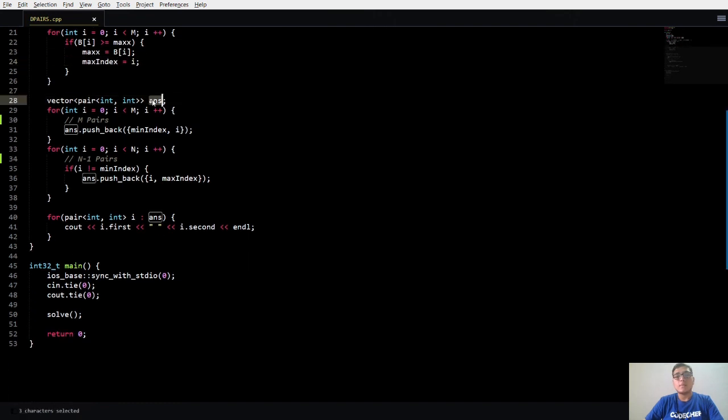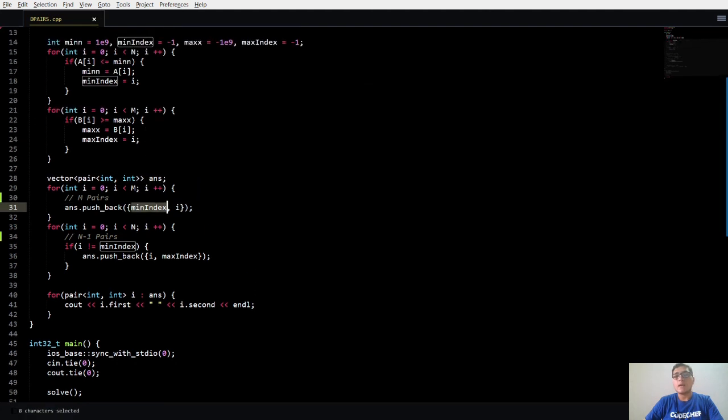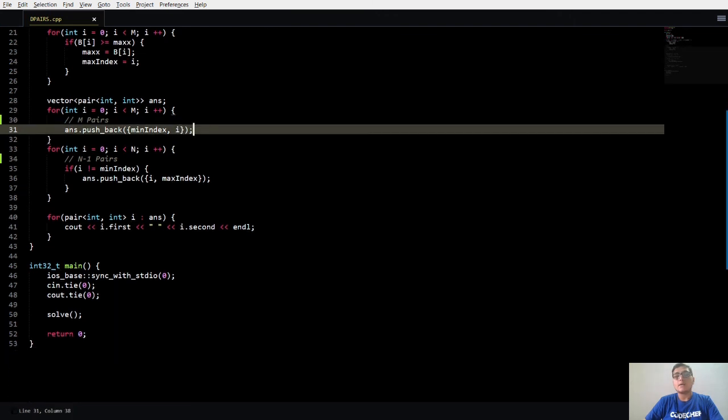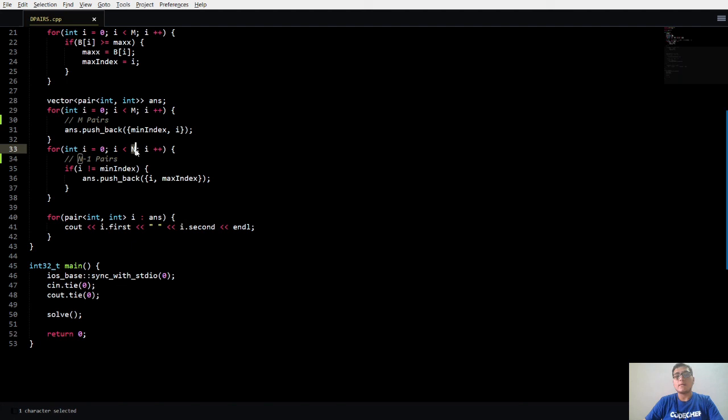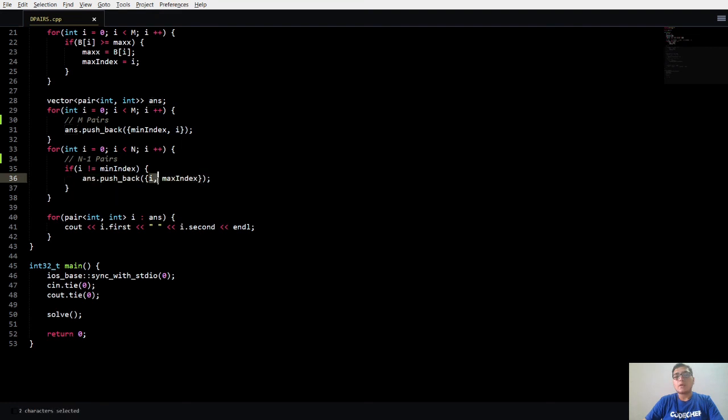Now I have used this variable, answer, a vector of pair of ints, to store the final answer. Now I iterate over the array B and I push the min index, which is from array A, and the index I, which is from B. Similarly, I iterate from 0 to n, and if I is equal to min index, we skip it because we need to avoid the index where A has the minimum value; else we append I comma max index into our answer.